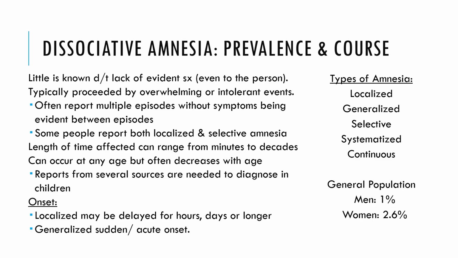And then we have the systematized, which is a loss of memory for a specific category of information. And then you see the continuous, forgetting each new event as it occurs.